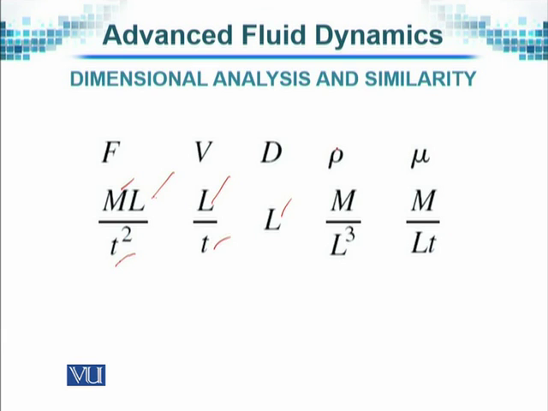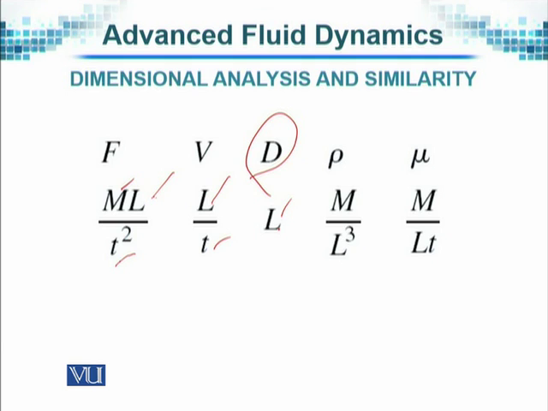The density rho is mass per unit volume, so it will have mass divided by L cube, and similarly the coefficient of viscosity is mass over L t. And this is the diameter of the sphere, which is also a parameter, and the diameter is only a length, so it has a dimension of length.